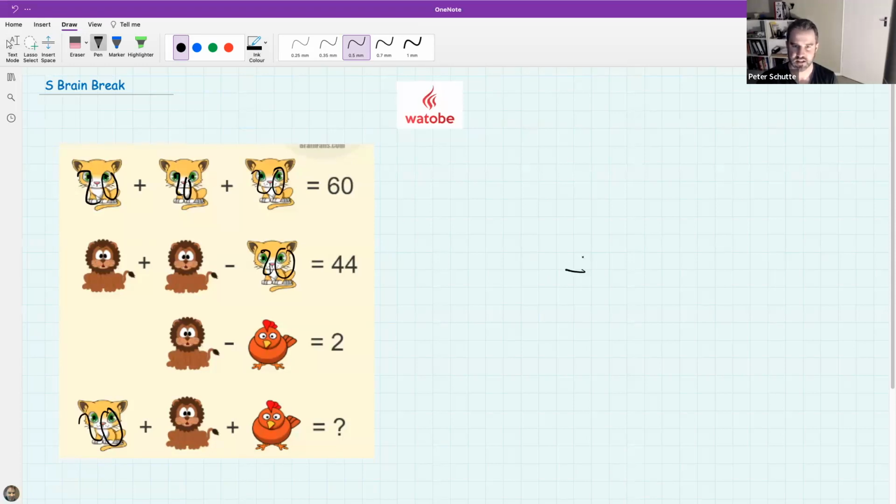So actually 2 lions have to give you 64 because if you add 20 to both sides, basically if you add 20, that goes away and you get that. And so the lion, what's the lion going to be? I think the lion has to be half of 64, or that has to be 32.